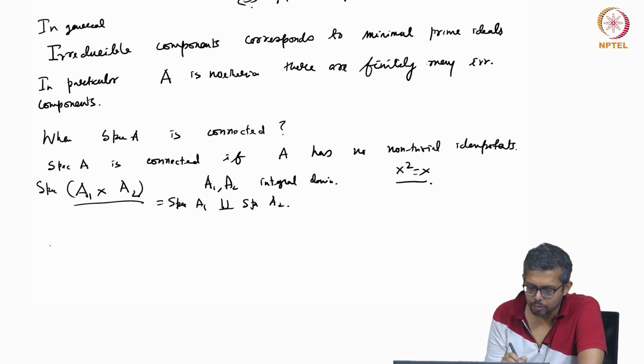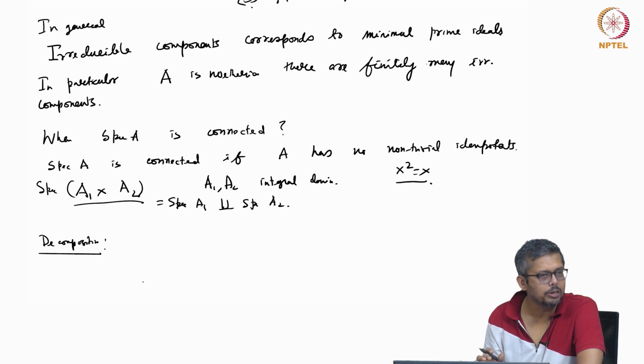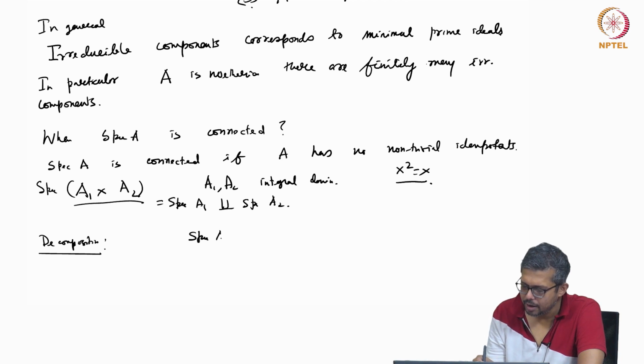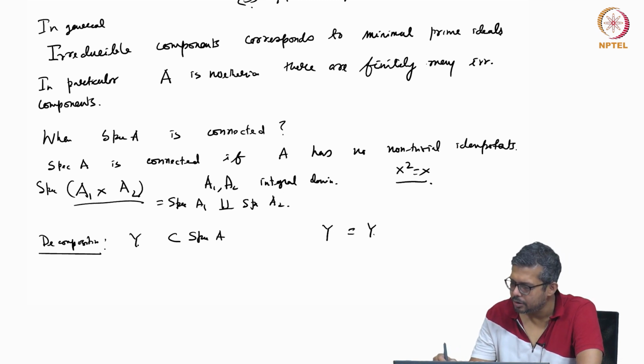But now you can ask about the decomposition. Suppose you have a topological space, and you take some closed subset V(a) of Spec A. What are the components of that closed subset? That's basically primary decomposition, right? If I take Spec A and some closed subset Y, then you can write Y as a union of irreducible closed subsets Y1, Y2, ..., Yr.